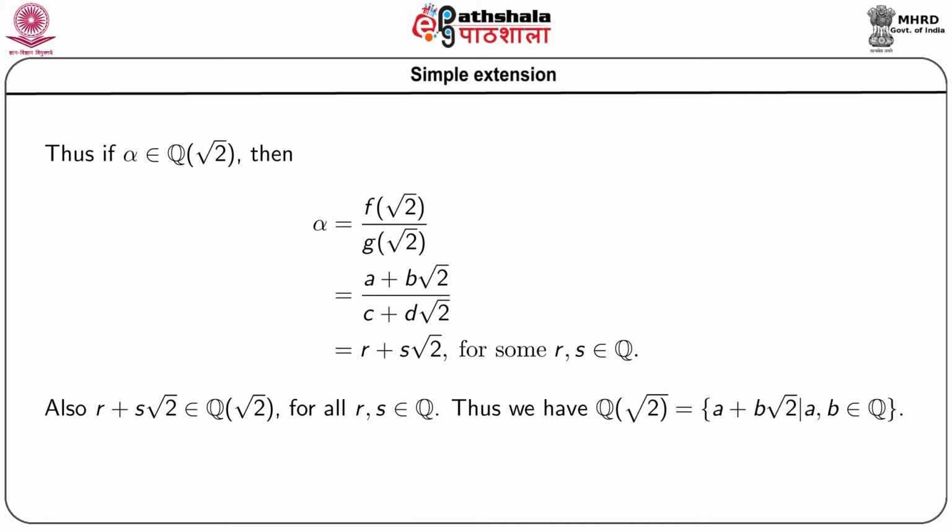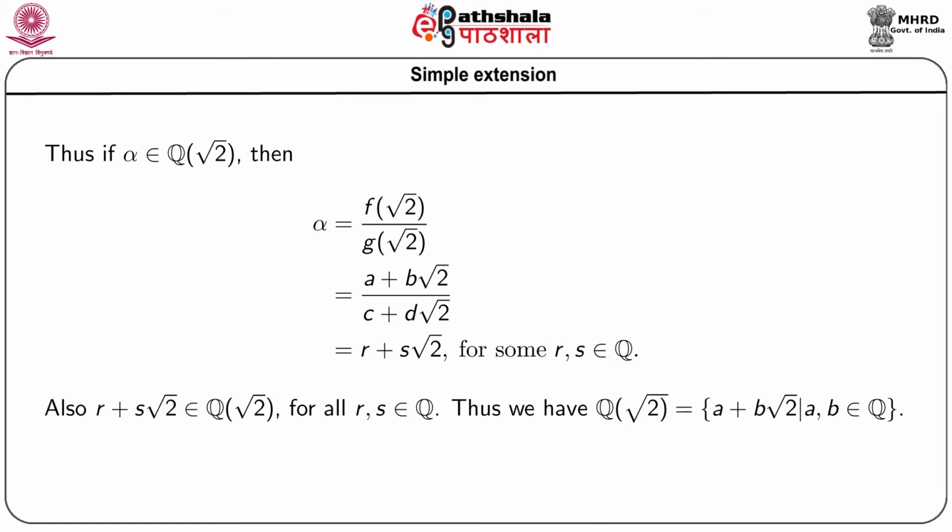Thus, if alpha is an arbitrary element of Q(root 2), then rationalizing a plus b root 2 by c plus d root 2, we get alpha in the form r plus s root 2 for some rational numbers r and s.